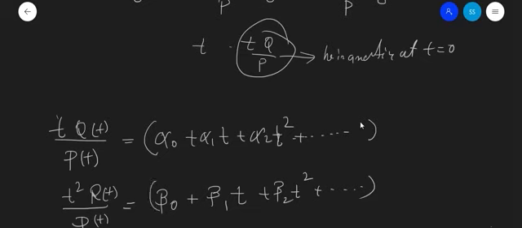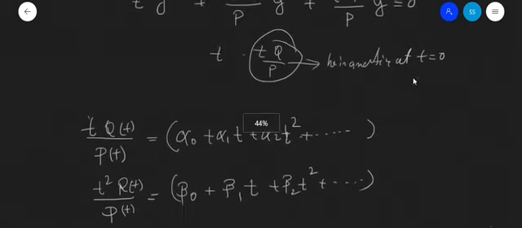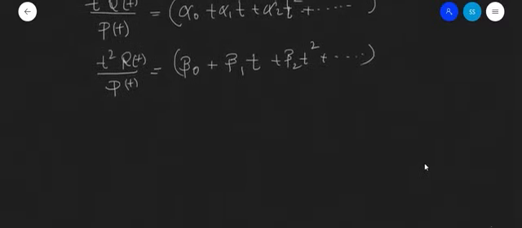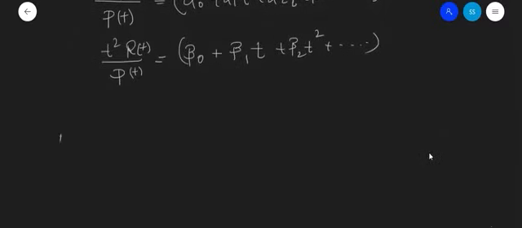And now what we want to do, we want to replace them in the equation. That is the equation over here. So let's replace them, and this will be just t squared y double prime plus t, because we only expanded one t and there was another t over here.